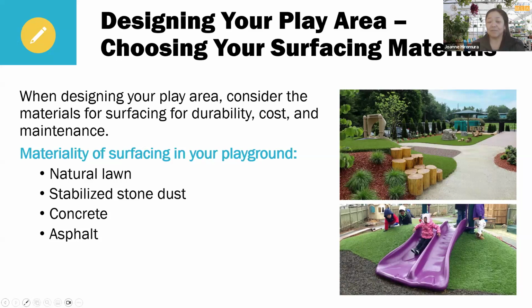Natural lawn is probably your least expensive, but your highest maintenance. So lawn is very, very high maintenance. In order to keep a nice natural lawn, you probably know just from your home experience, you need to water it, weed it, cut it, mow it, and you can't have a lot of heavy usage on it, especially in the play area.